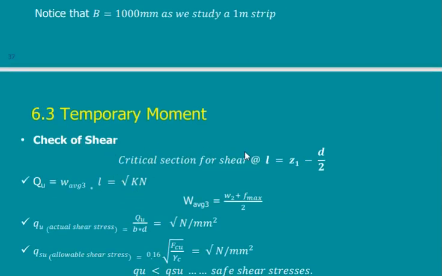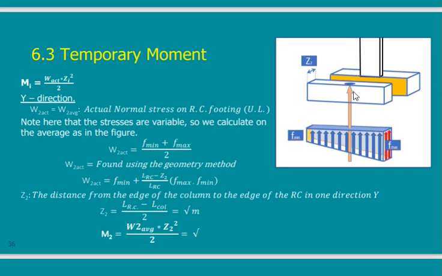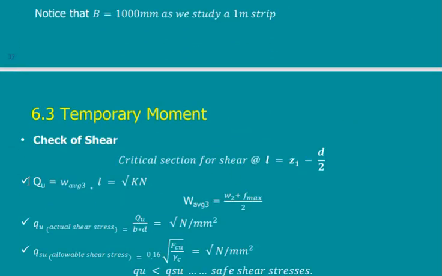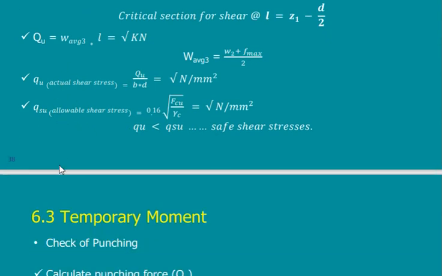It will be the same as before, but the value of the force will differ, because the force causing the shear is not uniform, it is maximum in one direction, minimum in the other. So I will calculate the shear based on my new stresses, and I will compare it to the allowable given in the code.